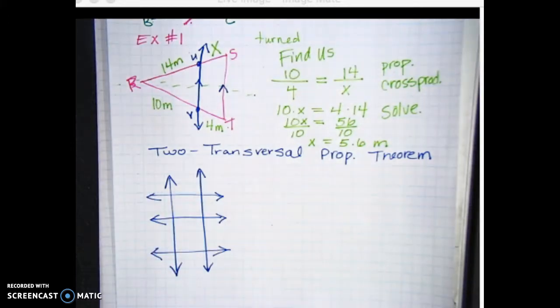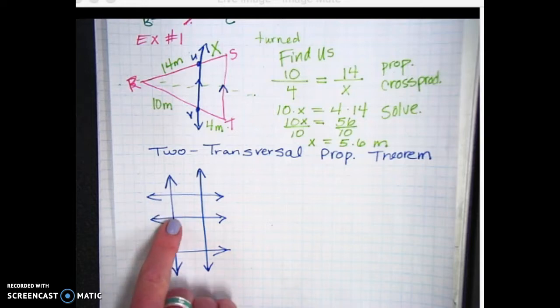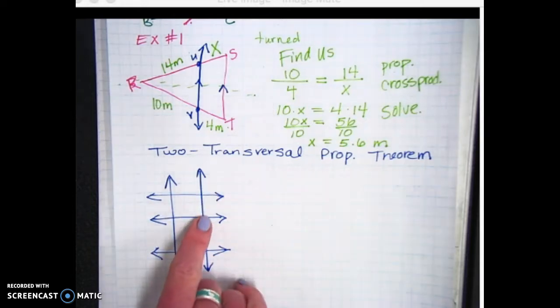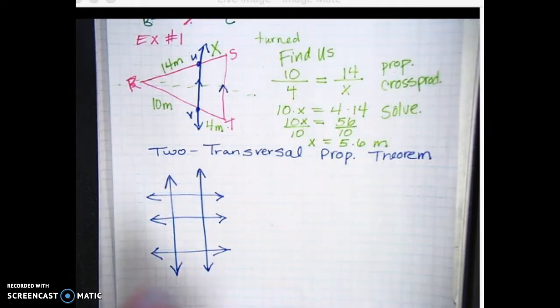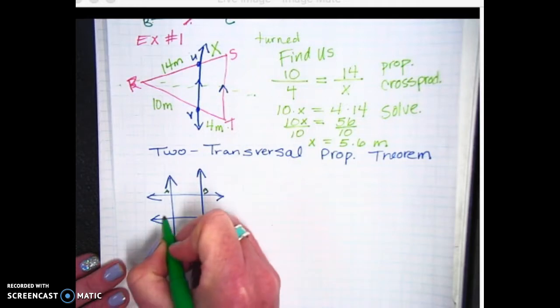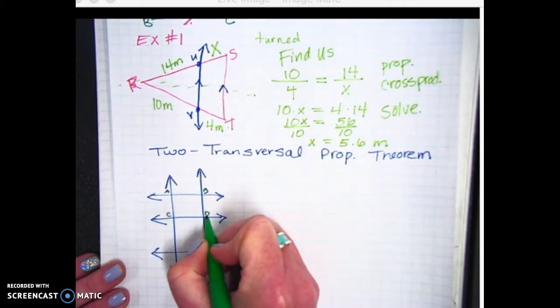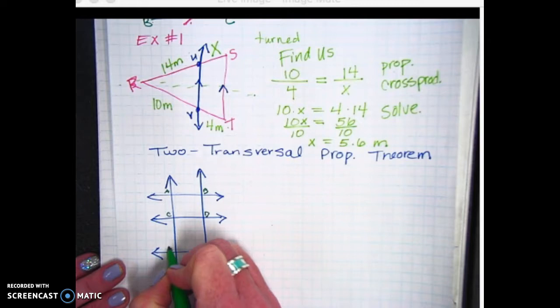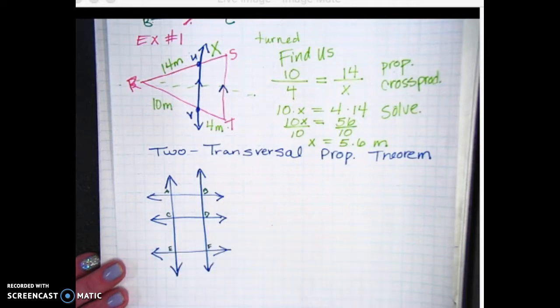You see how many intersections it creates? 1, 2, 3 on the left, 1, 2, 3 intersections on the right. Okay, we're going to label them AB up top, CD in the middle, and EF down here.